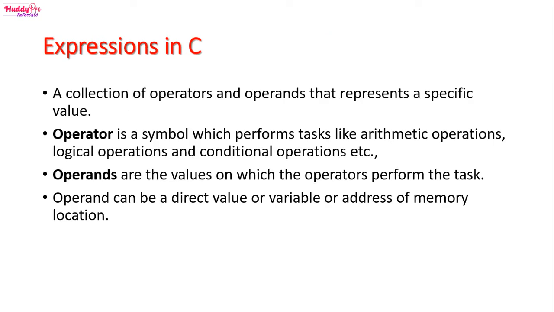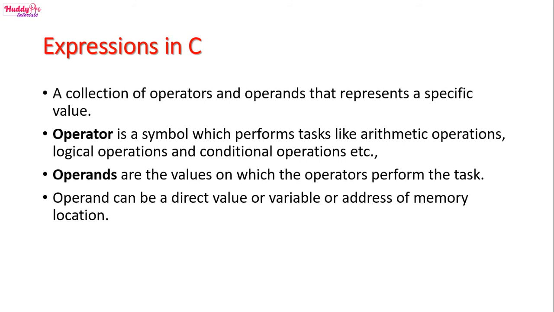Okay, now let's talk about expressions in C. In any programming language, if you want to perform any calculation or to frame any condition, we use a set of symbols to perform the task. This set of symbols makes an expression.